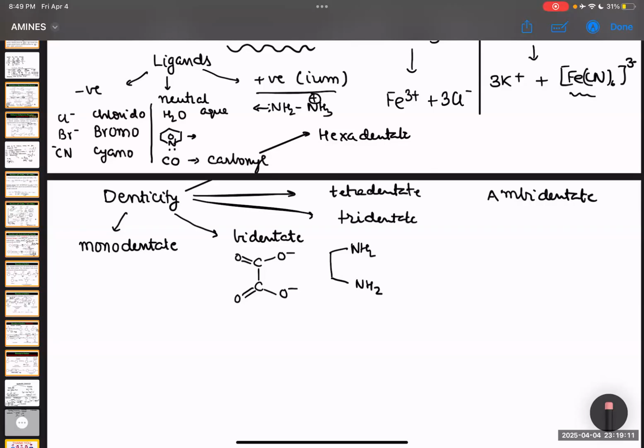Okay, ethane 1,2 diamine. Got it? Ethylene diamine or ethane 1,2 diamine, right? As per the latest convention, it is called ethane 1,2 diamine, and there is also one very common unsymmetrical bidentate ligand, which is negatively charged. What's the name of this ligand?